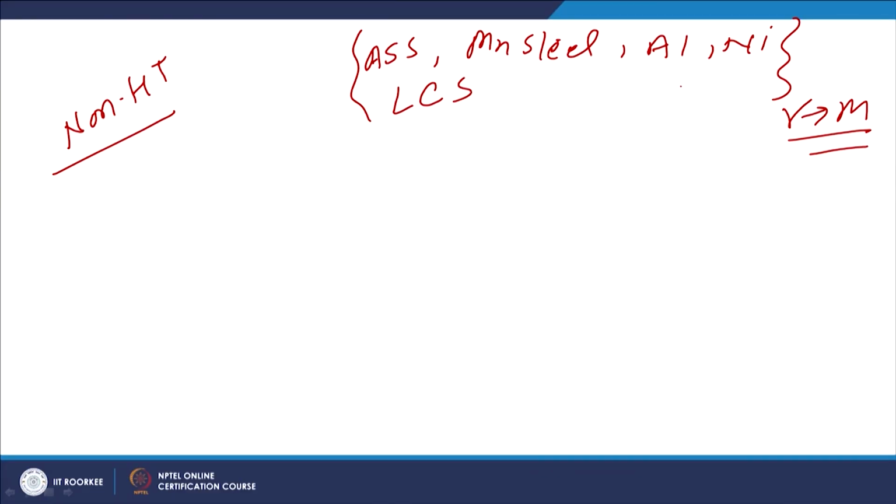Then there is another category of metals, the non heat treatable metals, like austenitic stainless steel, high manganese steel, aluminum, nickel alloys, and low carbon steels. These do not get hardened much due to transformation, since the austenite to martensite transformation is not available in these kinds of metal systems.